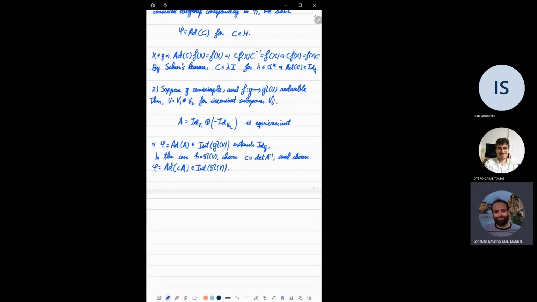So in both cases, we have found a non-trivial inner automorphism that extends the identity, and this proves the lemma.